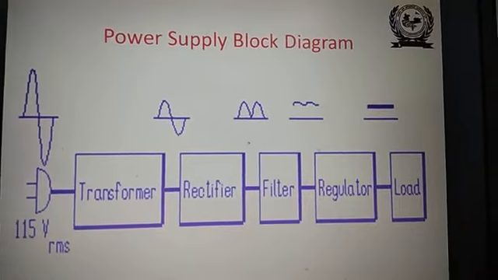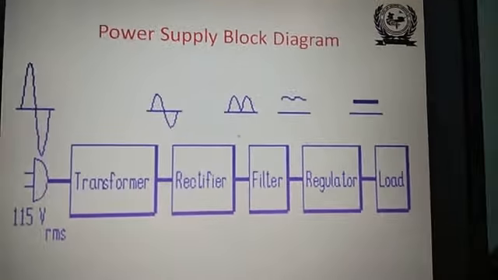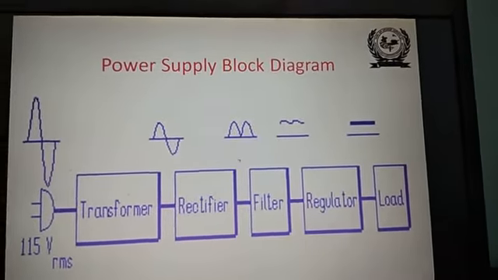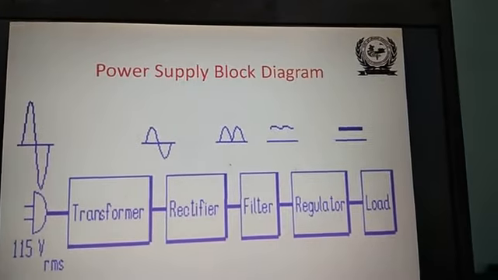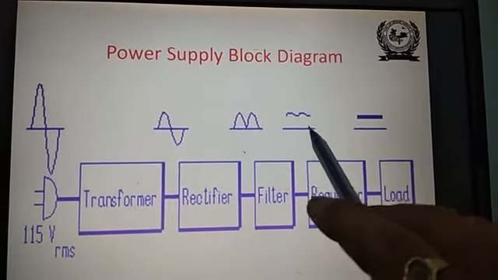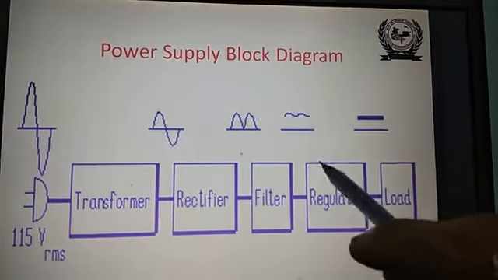The best suitable filters can be used to get the average DC value, pure DC value of this pulsating DC. But even there will be a variation. This is the output of the filter, you can see. So this variation occurs here.